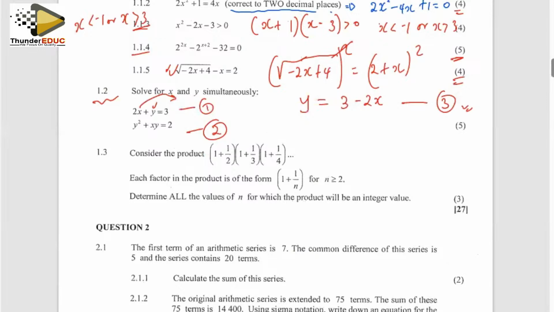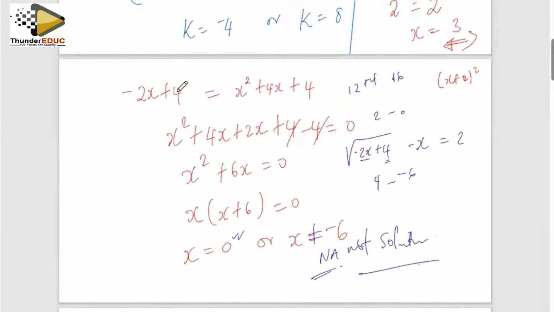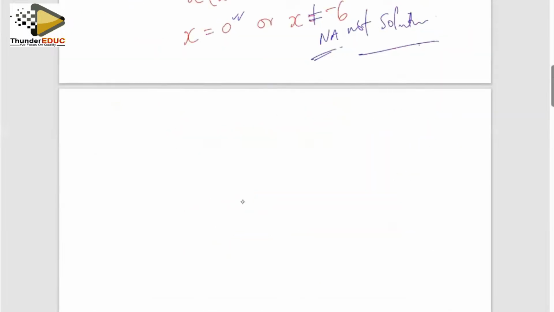So I'll have 3 minus 2x, everything squared, plus x times 3 minus 2x must give us 2. Let me do the substitution on this other page. So we have 3 minus 2x squared, plus x into 3 minus 2x. This must give us 2.